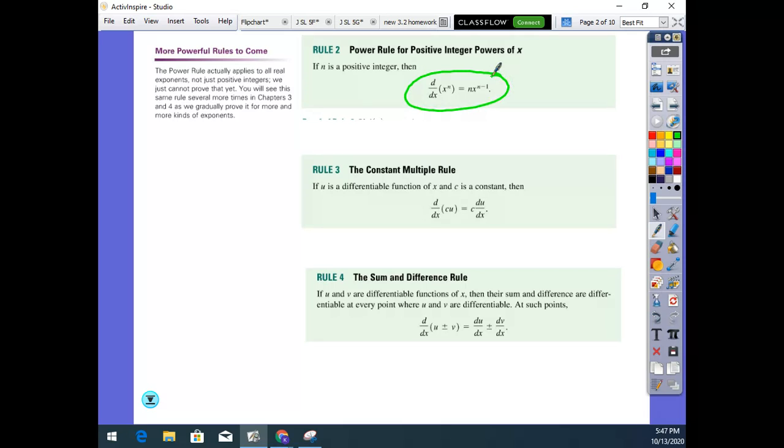Now, if we have a constant times a function, we can just pull the constant out in front and multiply it times the derivative of the function.